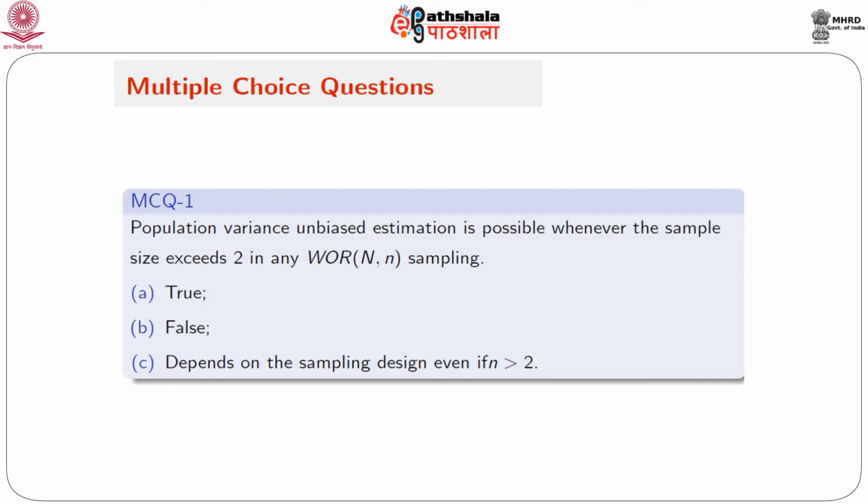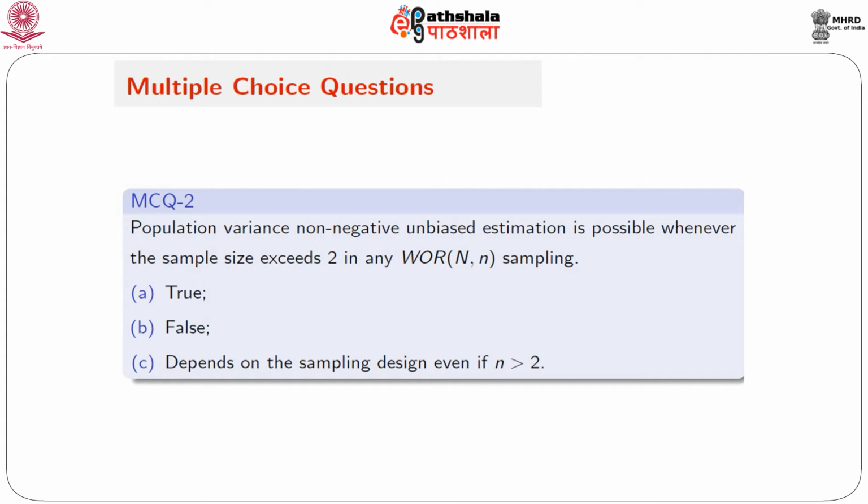So I need pi ij strictly positive. Therefore, small n has got to be at least equal to 2. It's not that small n has to exceed 2. But then, small n equal to 2 is not enough. I need a condition on the sampling design to make sure that all pi ij's are positive. Okay? What is the next one?